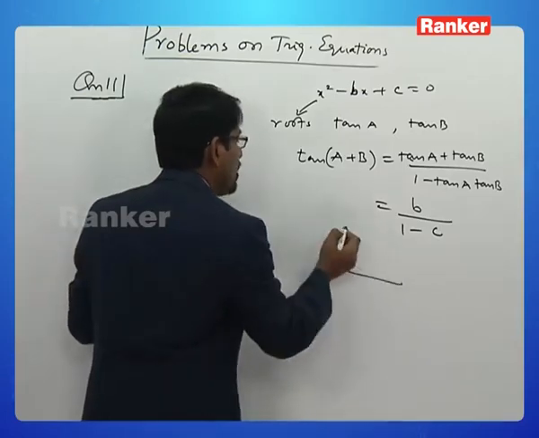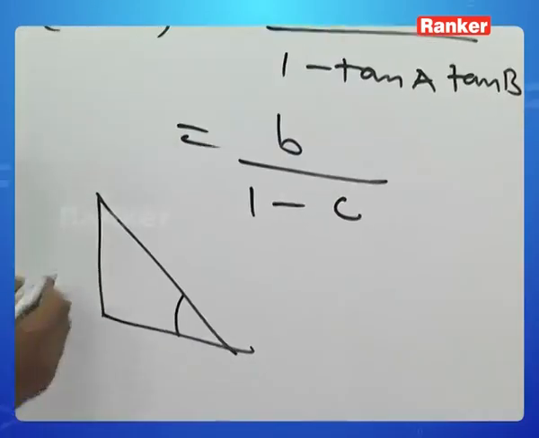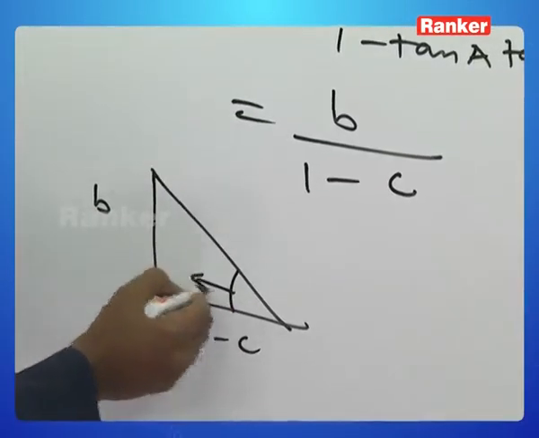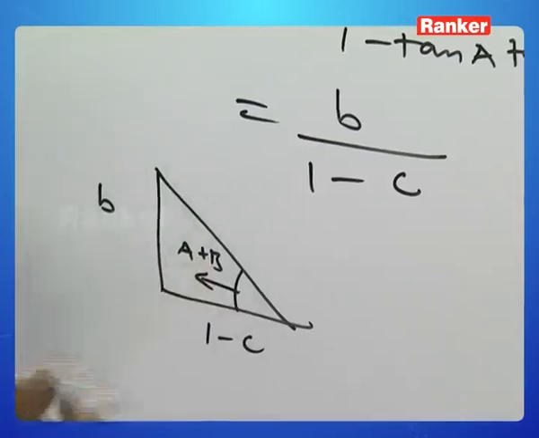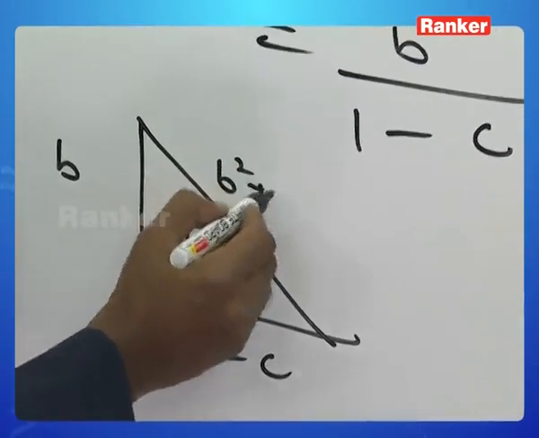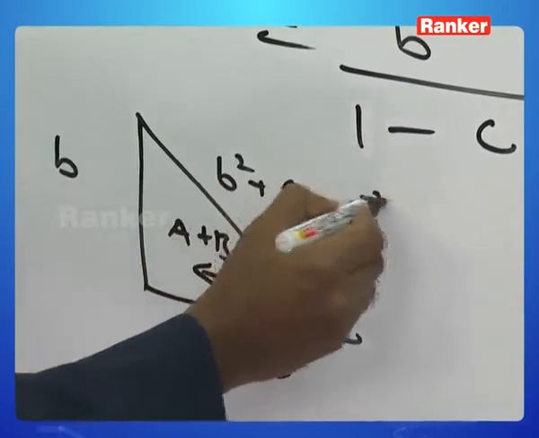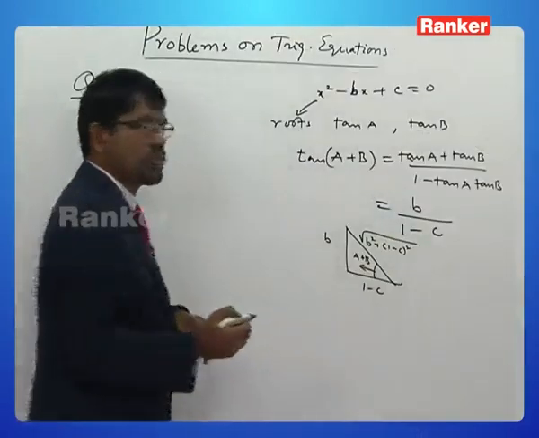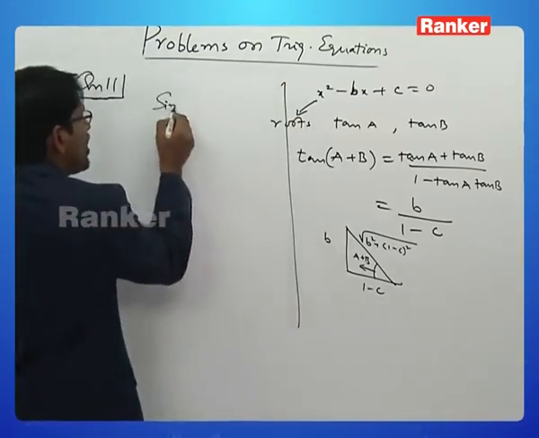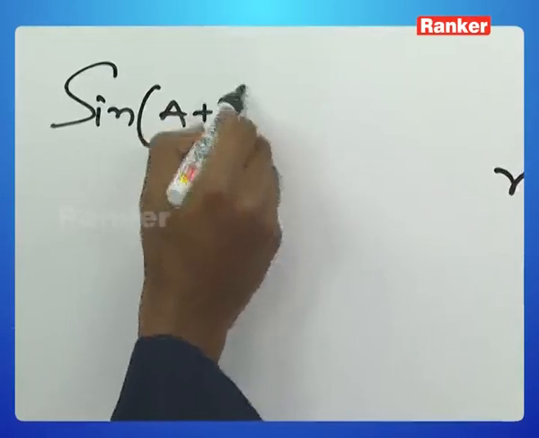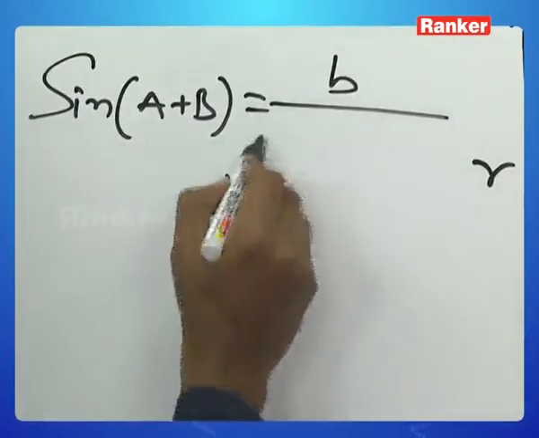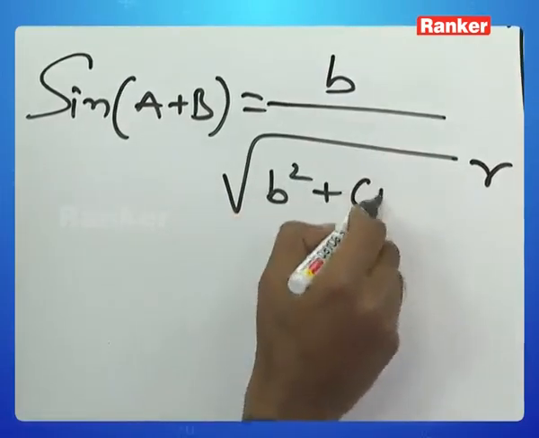So let us construct a right triangle. We have b by 1 minus c. Let us think that this angle is A plus B. So the hypotenuse will obviously be the square root of b square plus 1 minus c the whole square. So that clearly gives us sine of A plus B equal to opposite by hypotenuse, so b by under root of b square plus 1 minus c the whole square.